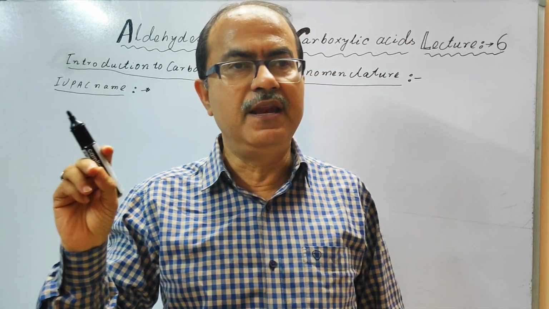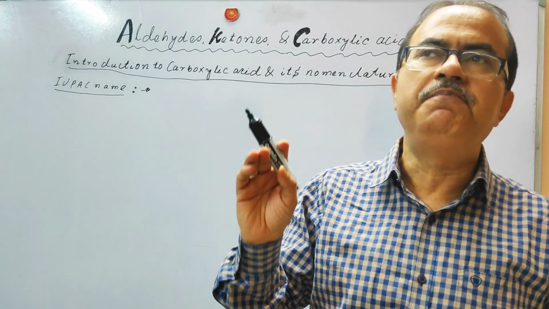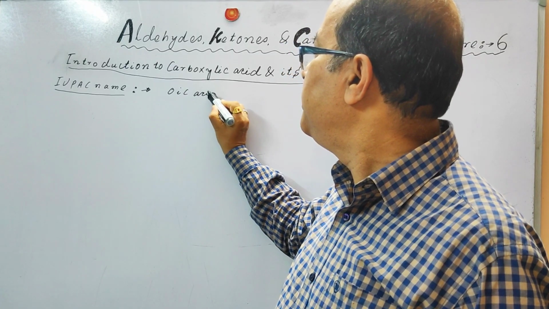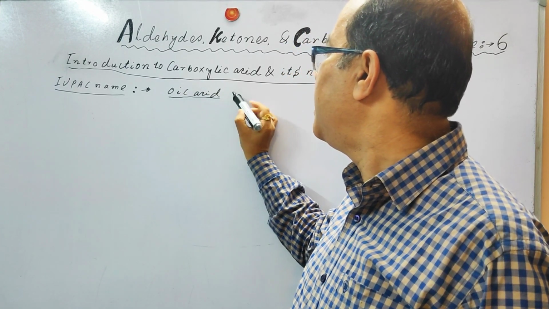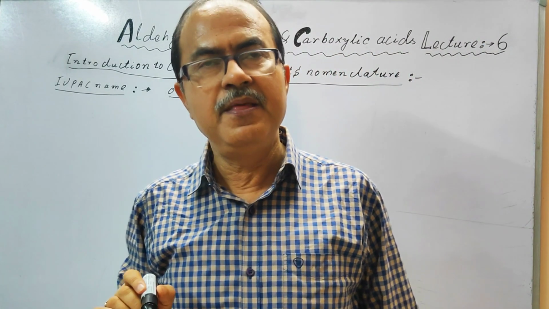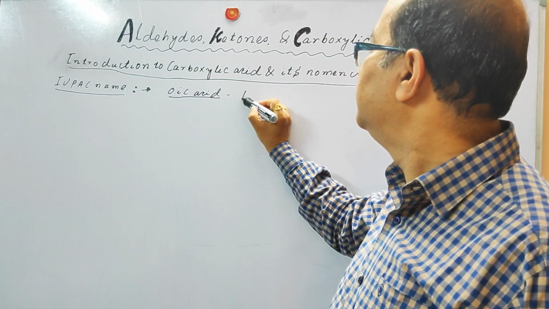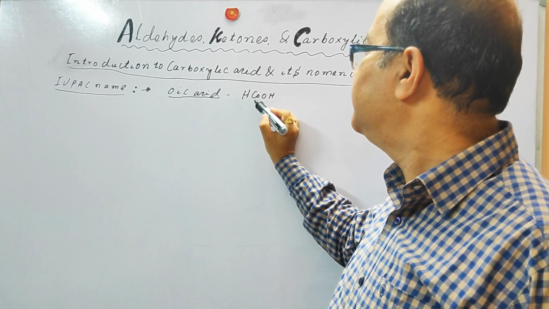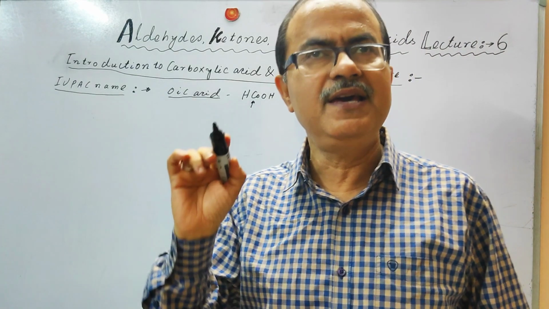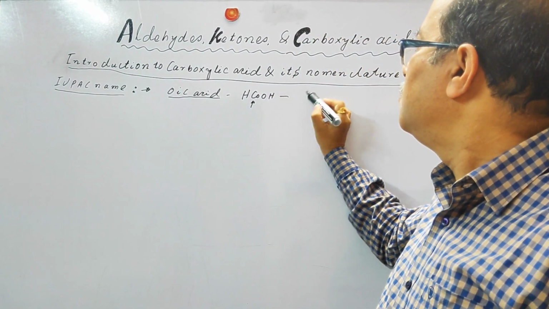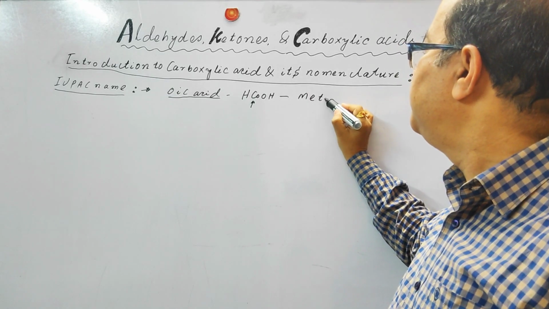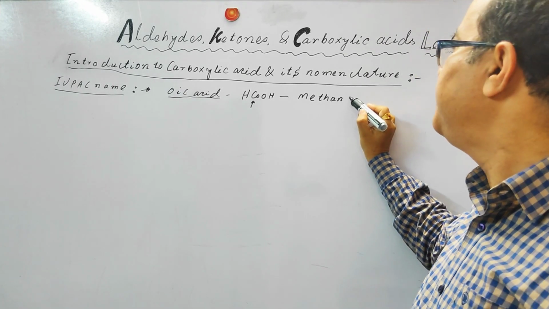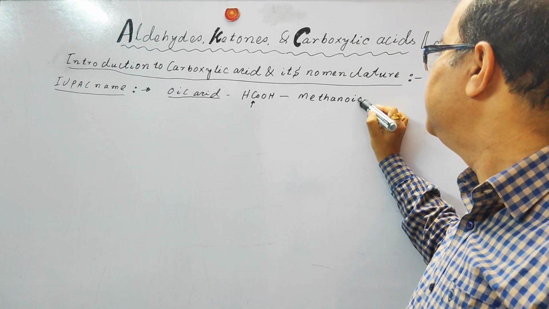In the alkane name, the ending E is replaced by oic acid. For example, here there is one carbon atom, so the alkane is methane. The E is omitted and replaced by oic acid.